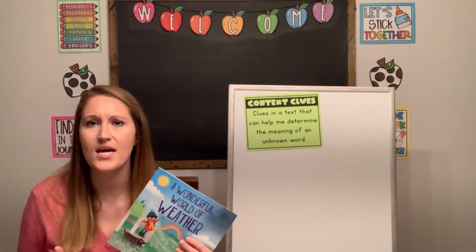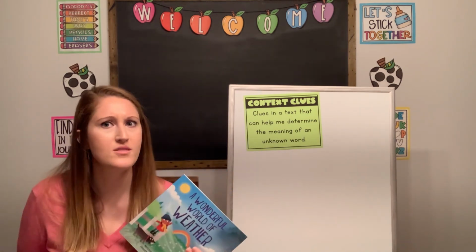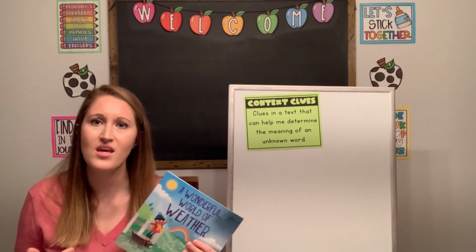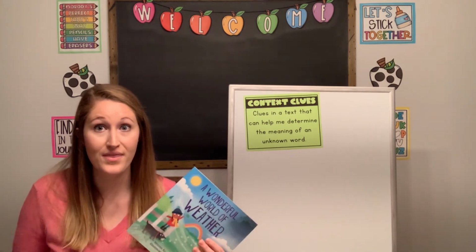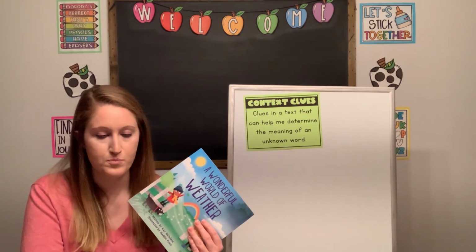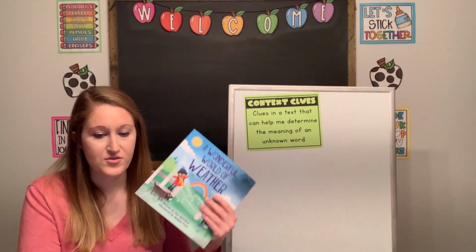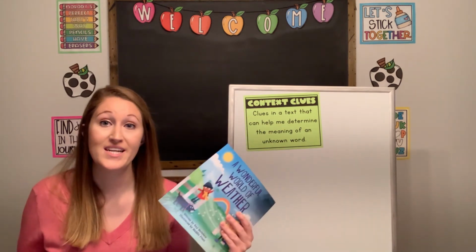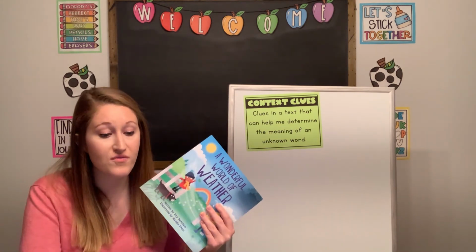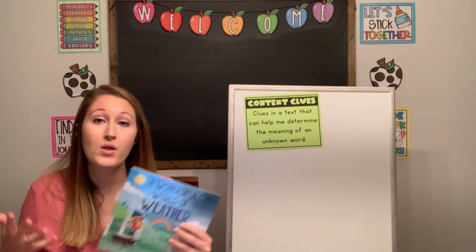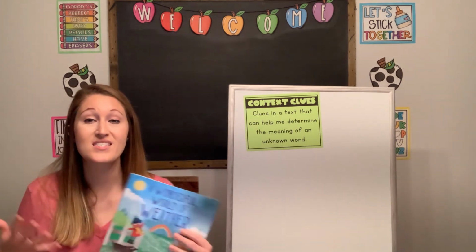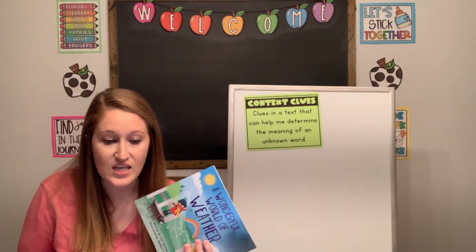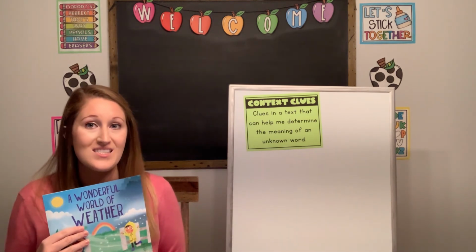We almost have to take on the role of being a bit of a word detective, and we have to think critically about what that word can mean. And so we have to look at either the rest of the sentences or the sentence that comes before and after to help us. And when we figured out that word, we can replace our unknown word with a synonym or a synonym phrase and reread the sentence.